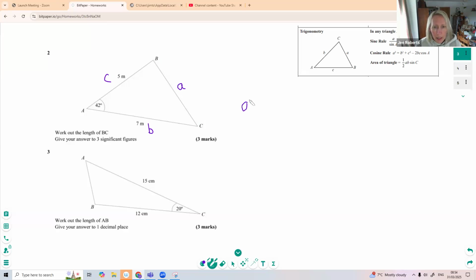I'm just going to leave it as a. Put all of that information into your calculator. 7 squared plus 5 squared minus 2 times 7 times 5 times cos 42.